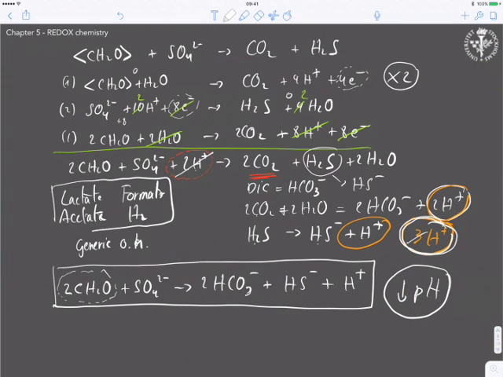And you will see what will be the consequences on the pH. So this is a nice way of coupling redox reactions with acid-base chemistry.